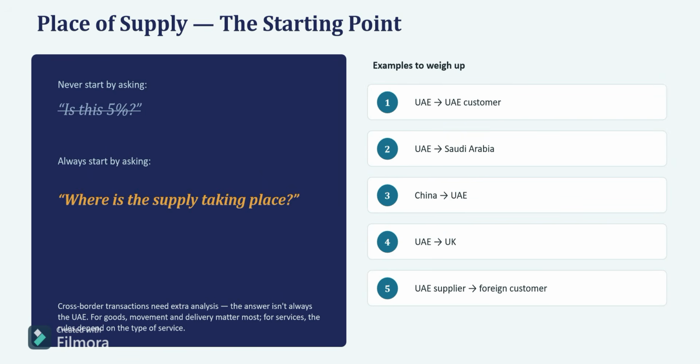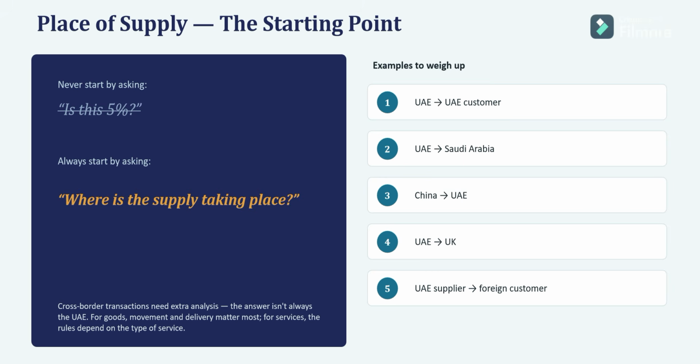So place of supply. Basically, in case of goods, place of supply will be the location where the goods are located at the time of supply. The first case is, suppose it's a UAE customer, and the supplier also resides in UAE. So the place of supply will be UAE.